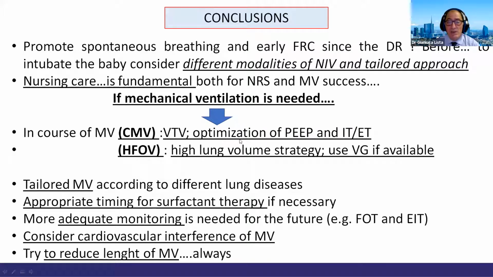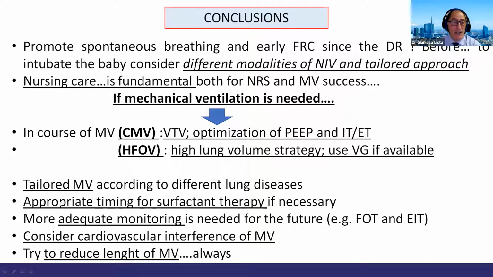Always try to optimize the level of PEEP, the inflation time and the respiratory rate. If you use high frequency oscillatory ventilation, it's suggested to use high lung volume strategies and use volume guarantee if available. Always try to tailor mechanical ventilation according to the different lung disease.